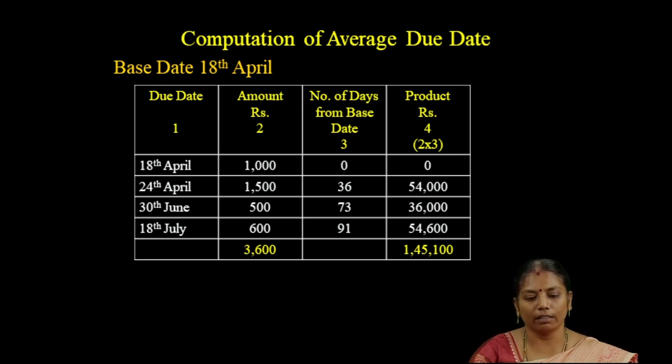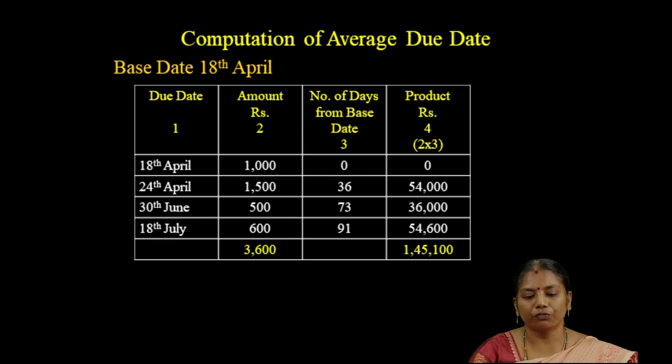In the first column, we write the due dates. First one is 18th April. Second one is 24th April. Third one is 30th June. And fourth one is 18th July. In the amount column, first is 1000, second 1500, third 500, fourth 600.